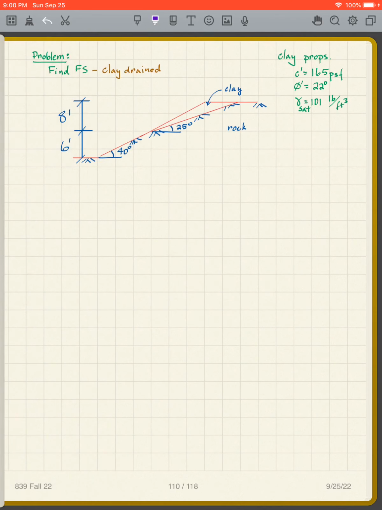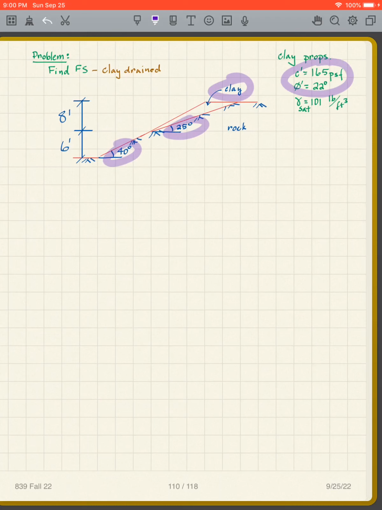So it's 25 degrees, 40 degrees. There's my clay. There's the C prime, 165. Phi prime is 22 degrees. The saturated weight is 101 pounds per cubic foot. There's our dimensions. So plug them in and get the factor of safety.